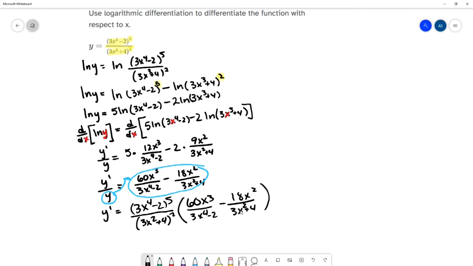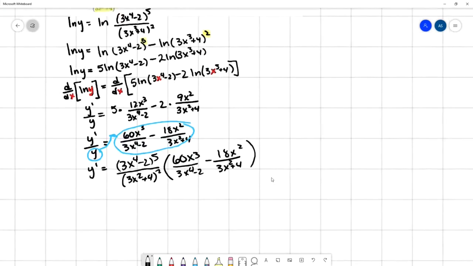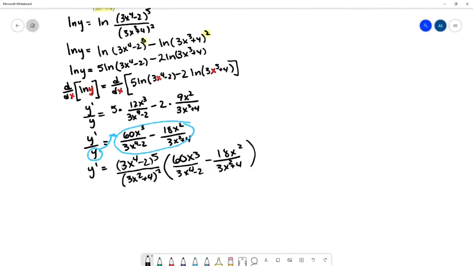And this denominator, 3x cubed plus 4, is the same as this factor right here. So if we were to combine these two fractions into a single fraction, we would be able to do some combining and canceling with these factors over here. So let's take a moment to do that, although this is acceptable as the derivative.